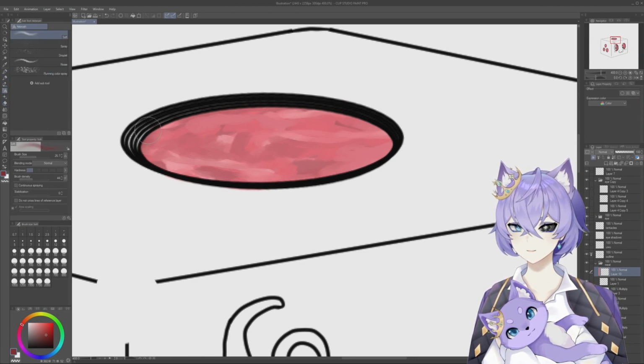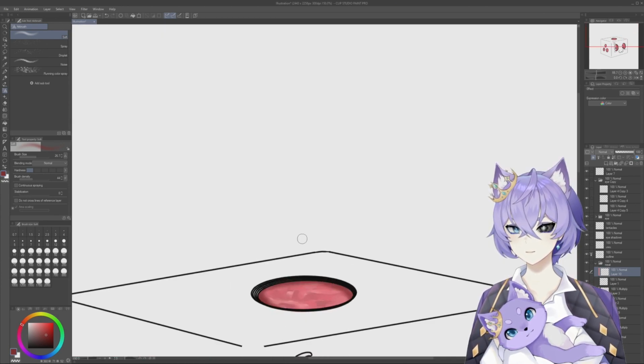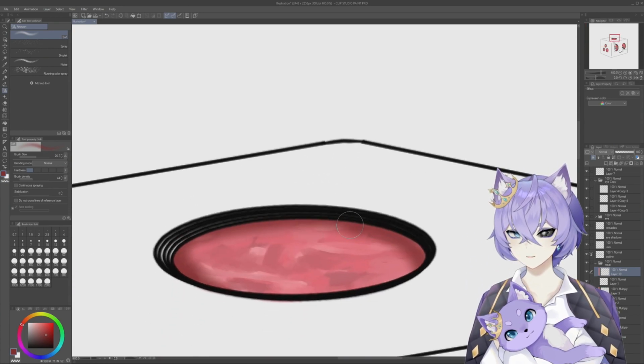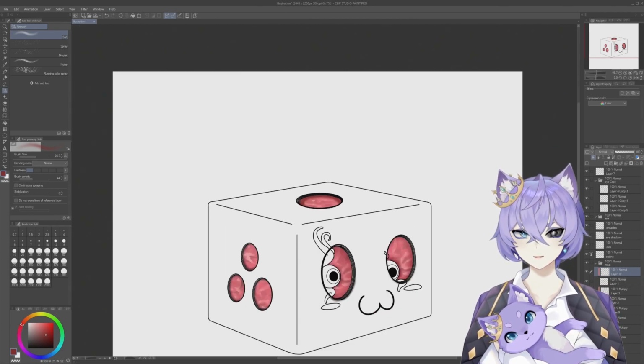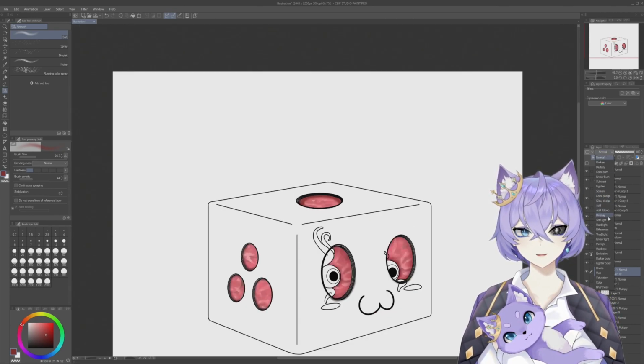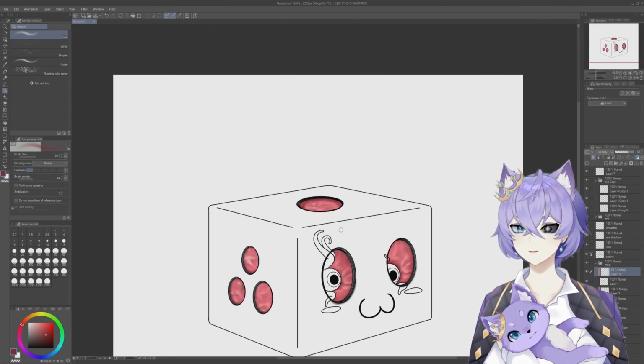Airbrush. We want to make that a little bit deeper, I think. Just like that. And then multiply that. Maybe add a little bit of opacity there. There we go.